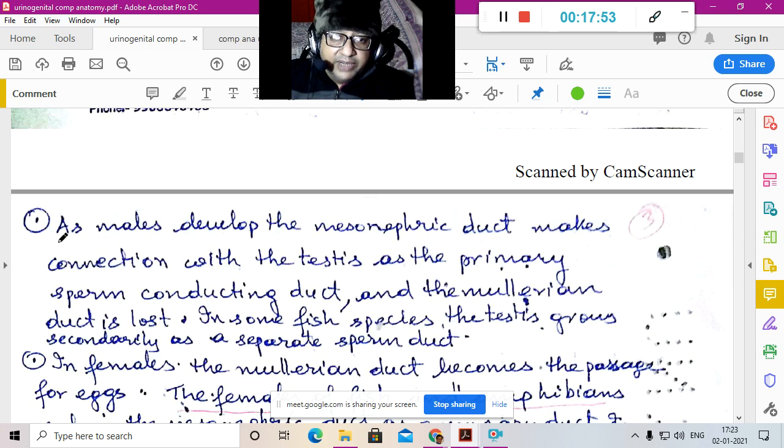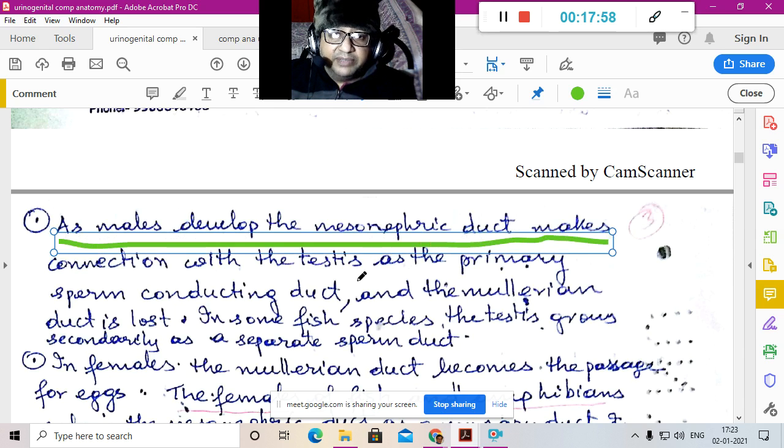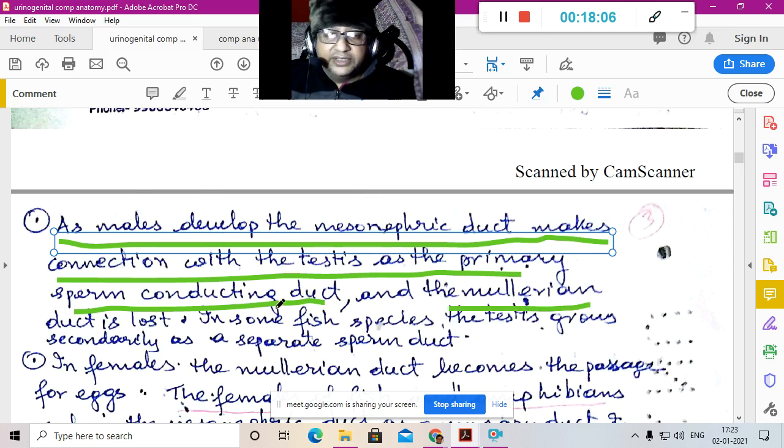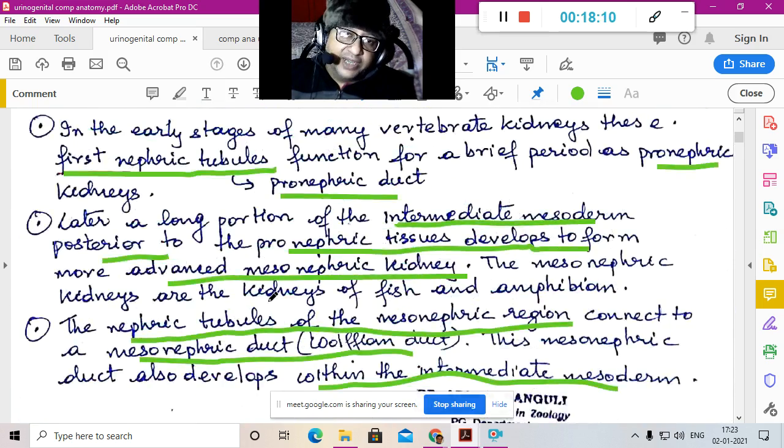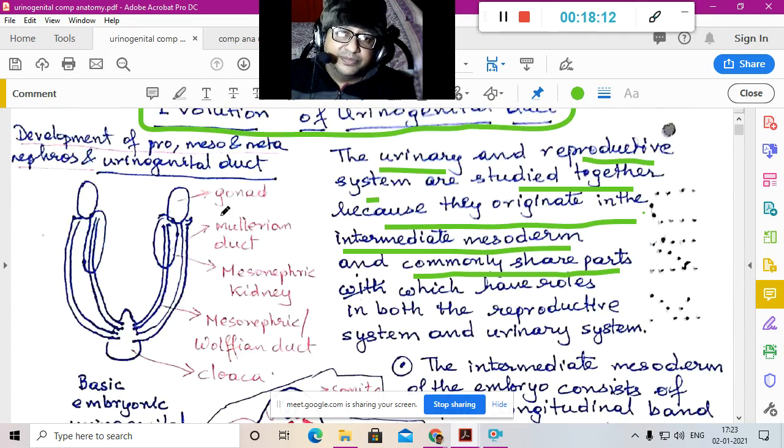Now this is very important. As males develop, the mesonephric duct makes a connection with the testes as the primary sperm-conducting duct, and the Mullerian duct is lost. So in males, let us look at this picture. This becomes the testes.